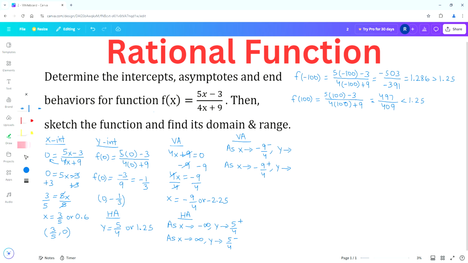Let's start with a check on the left side. On the left side, we should use a value very close to -9 over 4 or -2.25, but on the left side of -9 over 4. We can use the value -2.5. We can sub in x as -2.5 in the given function equation.